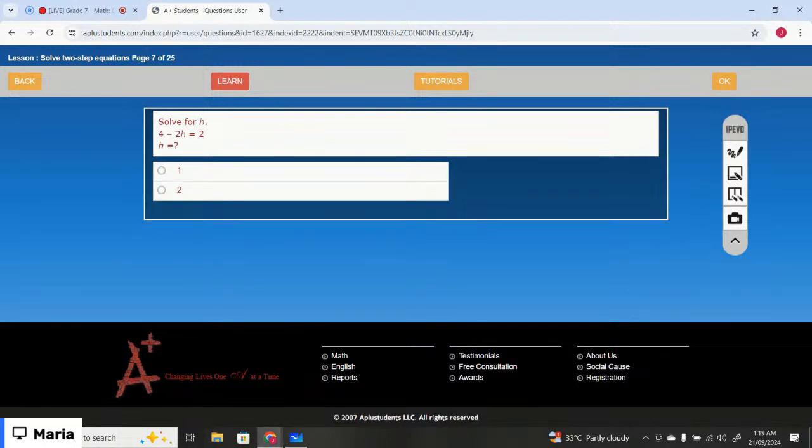Solve for h. 4 minus 2h equals 2. So which is the correct option?